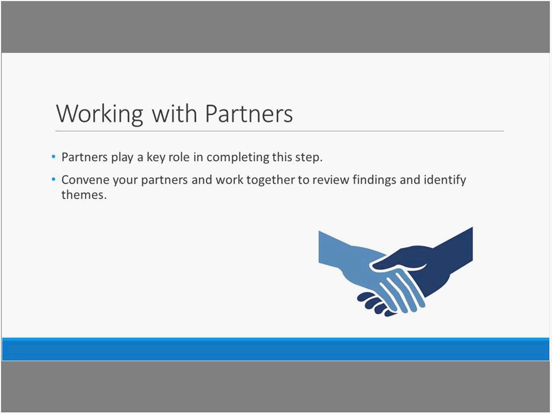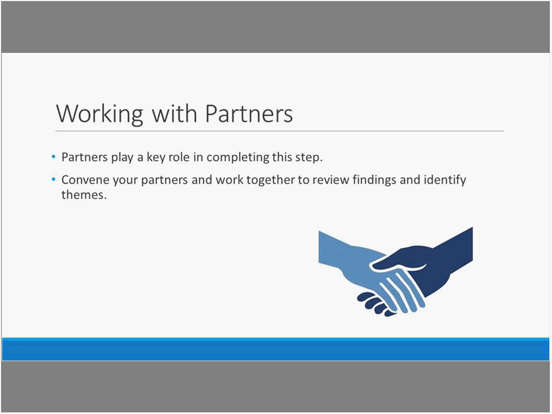First, this is a really great way to engage your partners in a needs assessment process, is really thinking about when you have all these findings and you're trying to sort them into themes, bringing your partners into that process can be really informative and can build a lot of buy-in around the themes that are ultimately identified if people feel like they had a chance to participate in that process in a meaningful way.